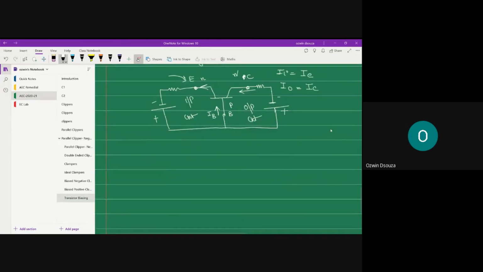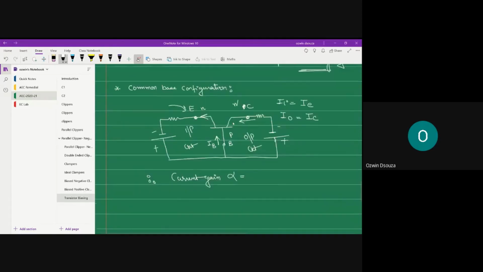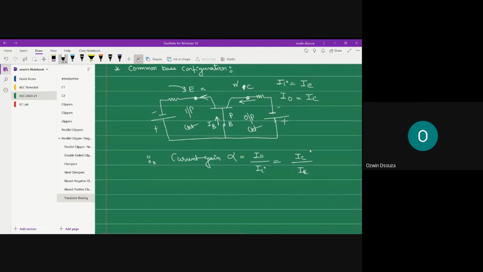Therefore, the current gain, alpha, for the common base configuration is defined as the ratio of output current to input current. The output current is the collector current, and the input current is the emitter current.